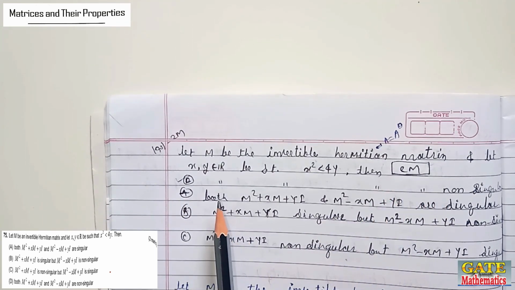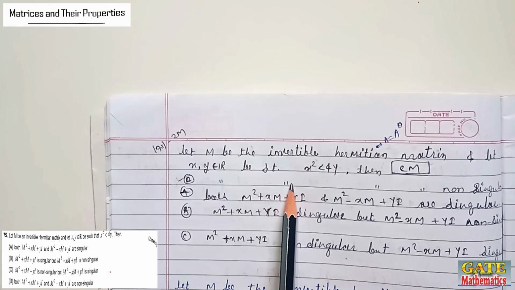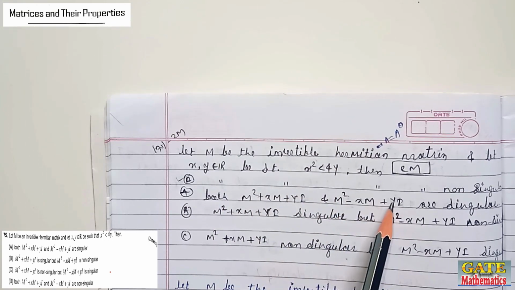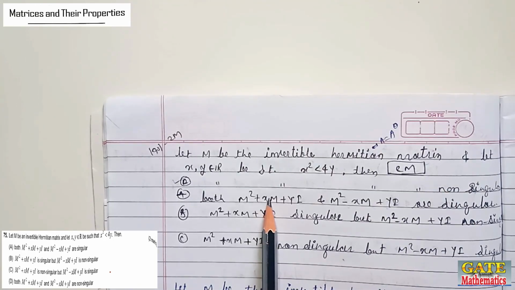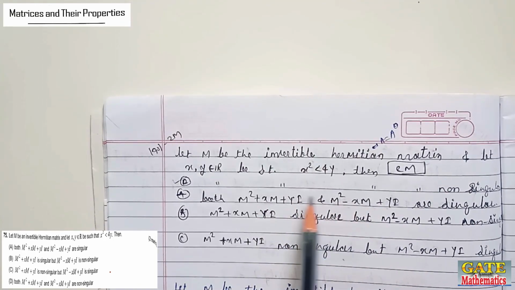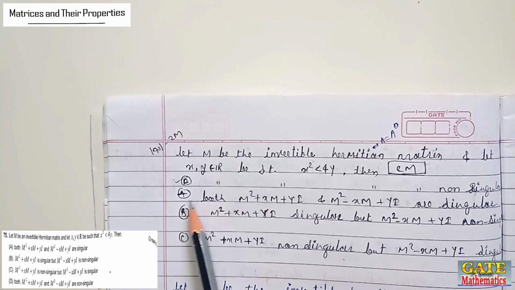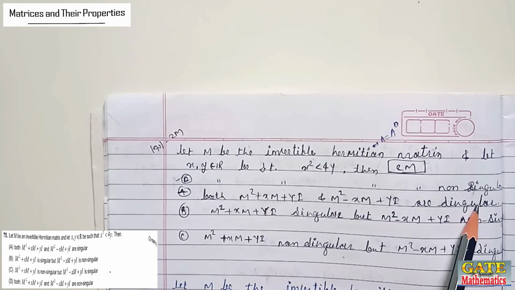First option says that both M square plus xM plus yI and M square minus xM plus yI are non-singular. Second option says that these two are singular.